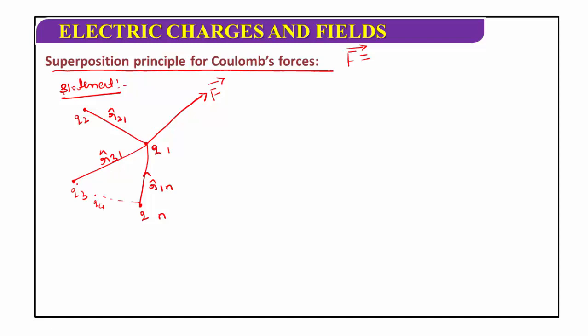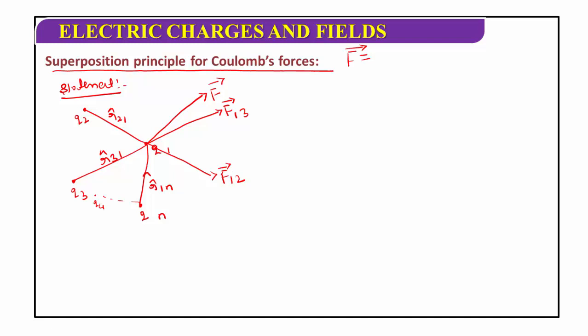And Q2 acts a force on Q1. Now we get the force acting on the charge Q1 by Q3, which is F13. The force on Q1 from Q2 is written as vector F12, the force acting on the charge Q1 by Q2.